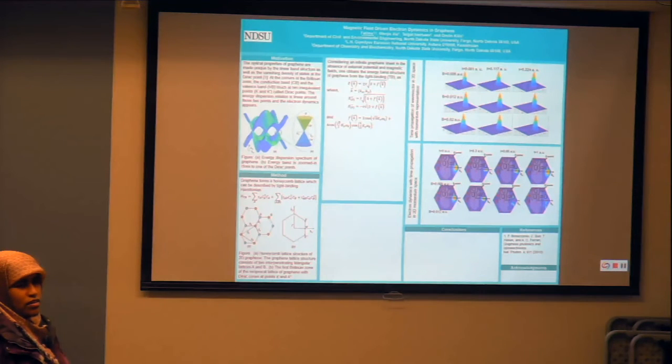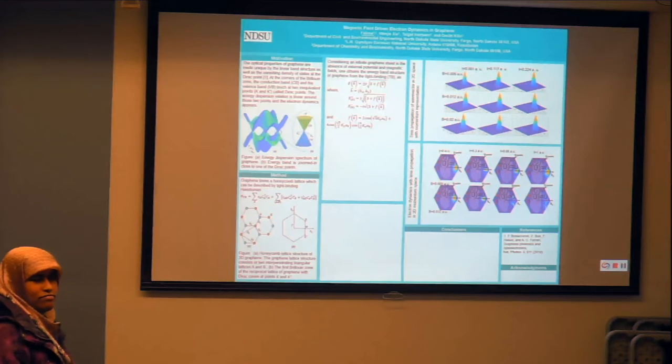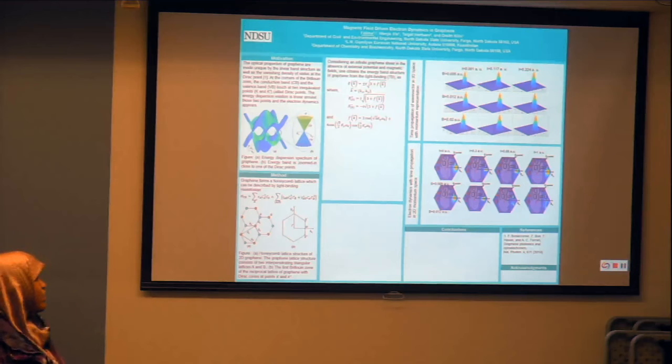Exponential. Or is it the dot product of magnetic field and angular momentum? Yes. Or do you want to dig deeper? Okay.